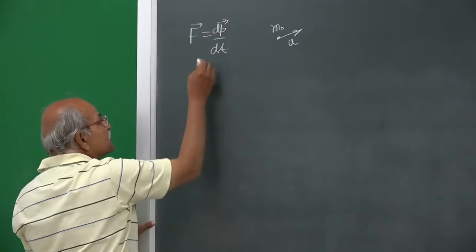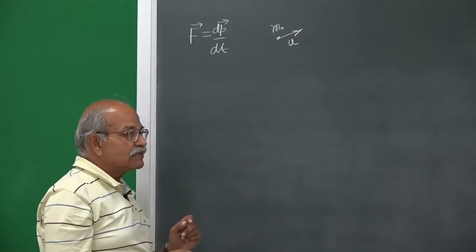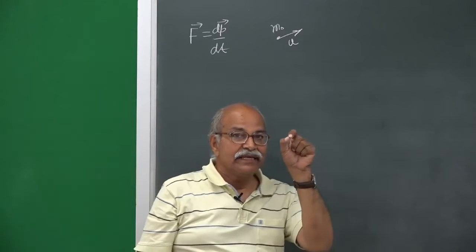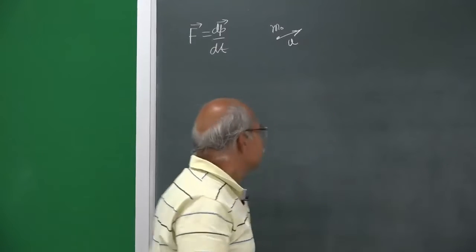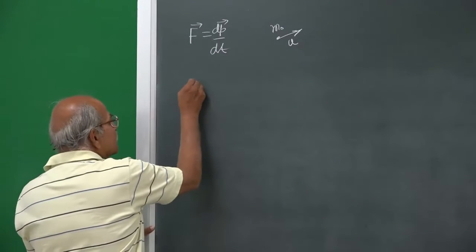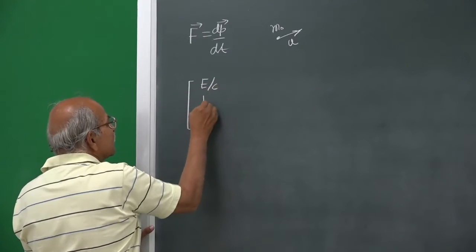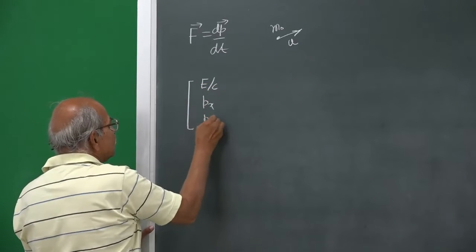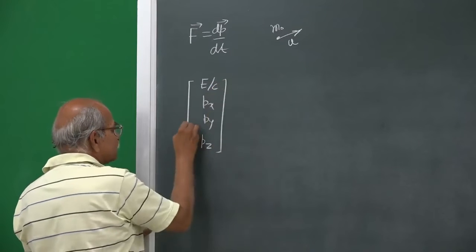Now, this dP and this energy, you remember energy and momentum make a 4 vector. The energy-momentum 4 vector is E/c, and then Px, Py, and Pz, that makes a 4 vector.